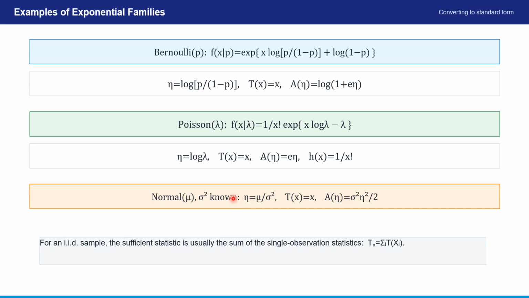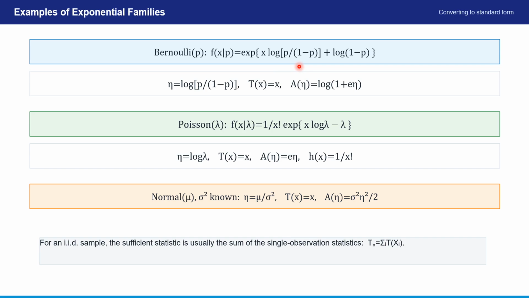Okay, now let's write some familiar distributions in exponential family form. Start with the Bernoulli distribution. The Bernoulli probability mass function is p to the x times 1 minus p to the 1 minus x. We can rewrite it as exp of x times log of p over 1 minus p plus log of 1 minus p.